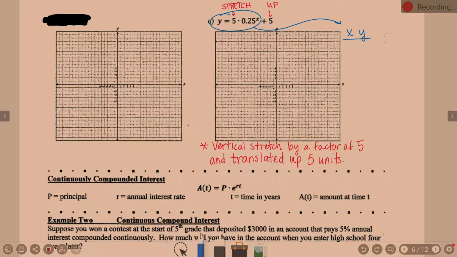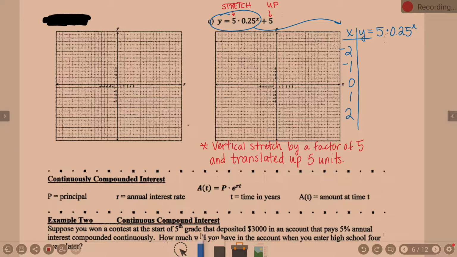So XY, what X's are we using? -2, -1, 0, 1, 2. And again, I'm just using the 5 times 0.25 to the x. We'll move up 5 at the end.